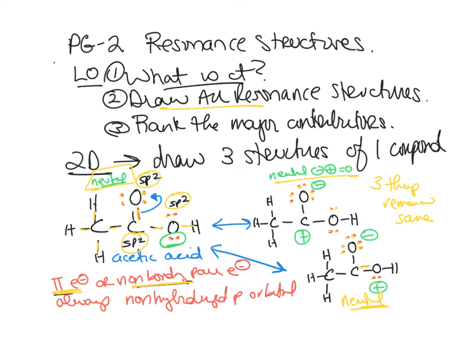Okay, so the next thing we're going to do: after you figure out how to draw all the resonance structures for a given compound, the next goal is to rank the major contributors.